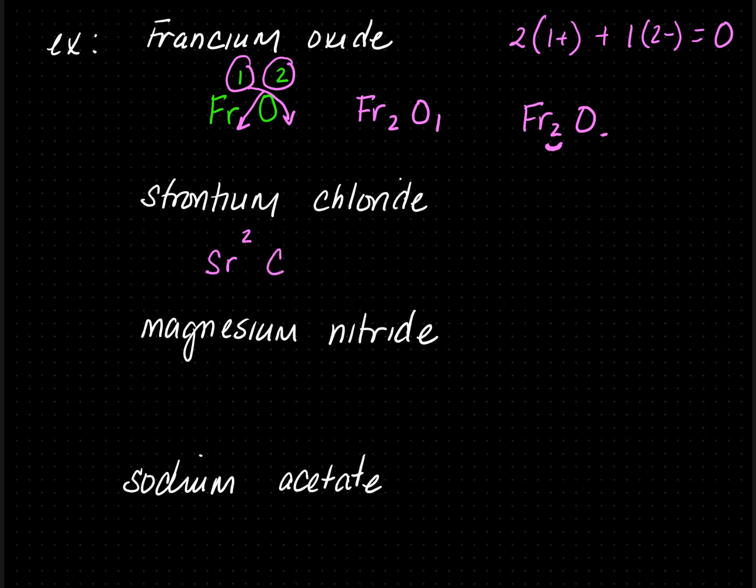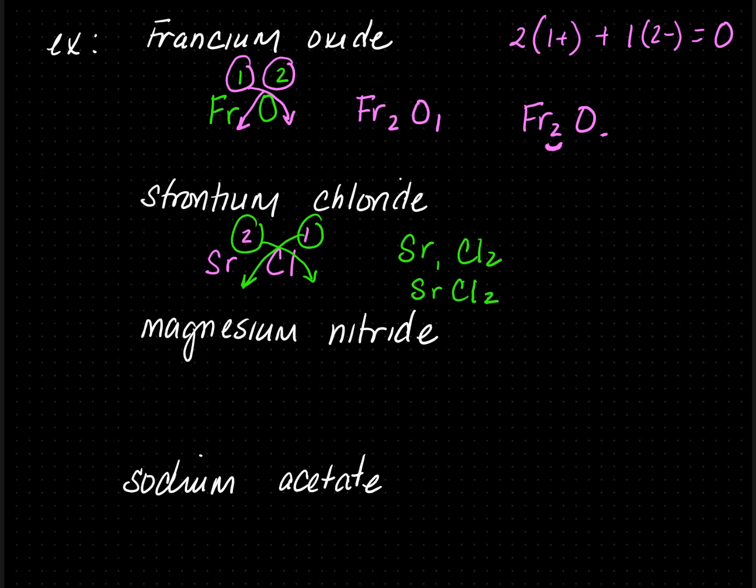Symbol Cl, charge is 1. 2 and 1 cannot be reduced any further. Now we must crisscross down. The 2 comes down here. The 1 comes to the strontium. So Sr1 Cl2, again, we don't write the 1, so it's SrCl2.